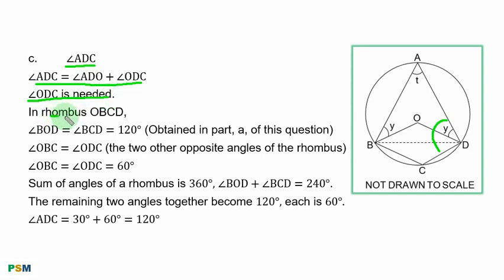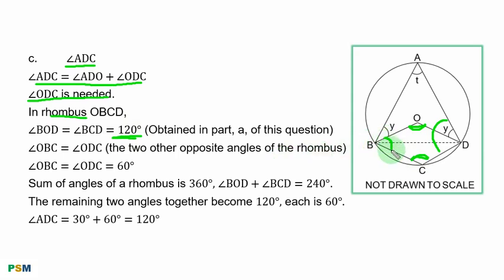In the rhombus, already angle BOD is 2T. T is 60, so that angle is 120 degrees. And because the two opposite angles are equal, this other angle BCD is also 120 degrees.